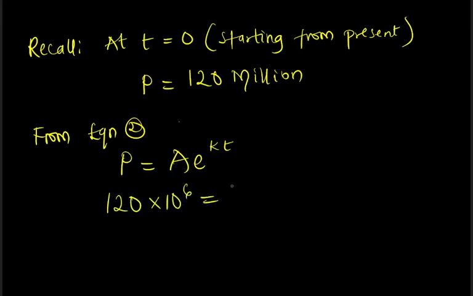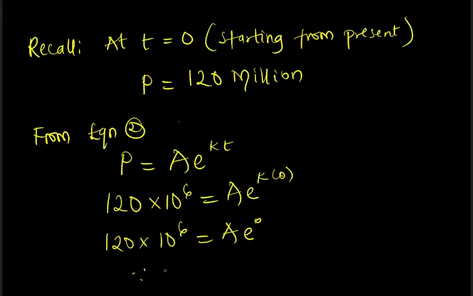So 120 times 10 to the power of 6 equals A e to the power of k times t, and at present t is 0. 0 times anything is 0, so this is 120 times 10 to the power of 6 equals A e to the power 0. The exponent of 0 is 1. Therefore, A is equal to 120 times 10 to the power of 6. That is the value for A.